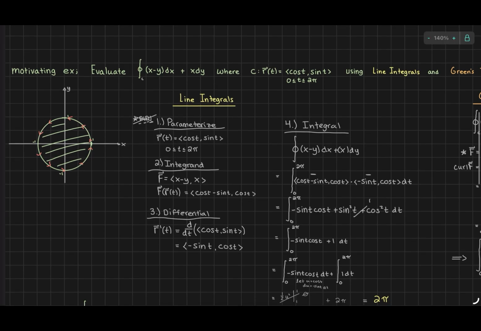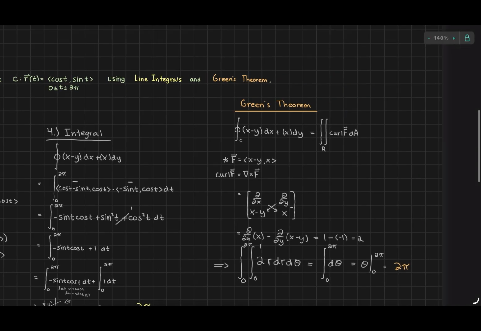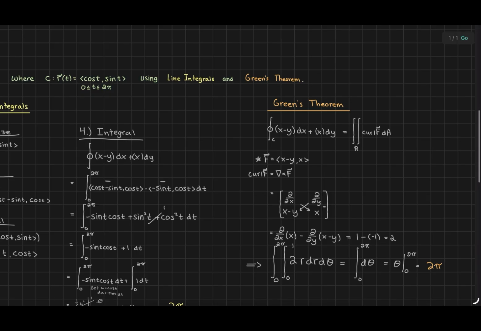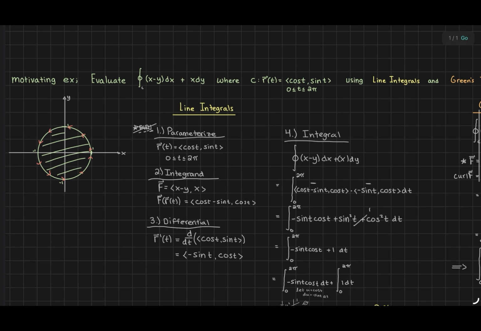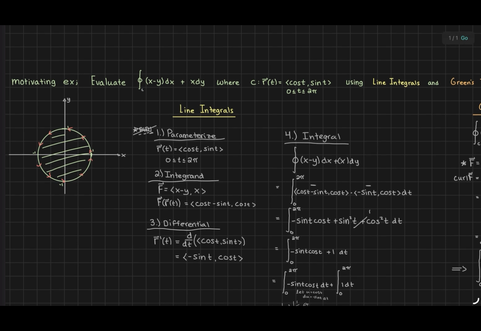Based off my work, the Green's theorem took around half the lines that the line integral side did. Now, with that being said, they're both sufficient. They both get the same job done, but it's going to be a matter of which one is easiest, and that's what Green's theorem is all about.